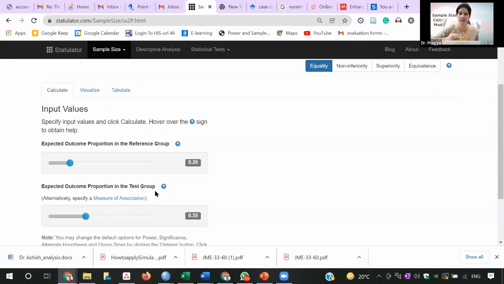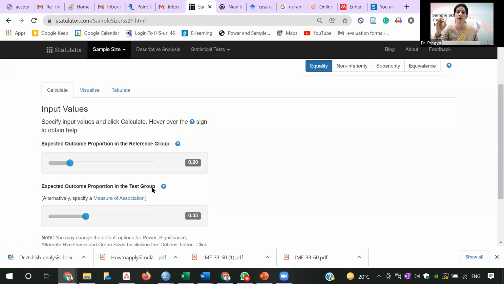In a case control study, you are measuring exposure, so it's the exposure proportion in cases and exposure proportion in the control. Because if you take diabetic cases as the outcome, it will be 100%. The expected outcome proportion in the test group would be what? All the cases will have that outcome. So it cannot be. So don't get confused by the word outcome here.